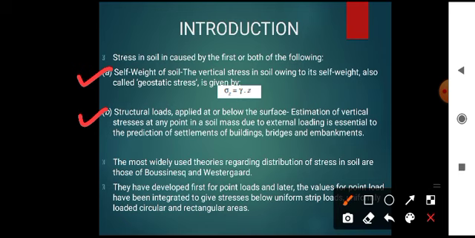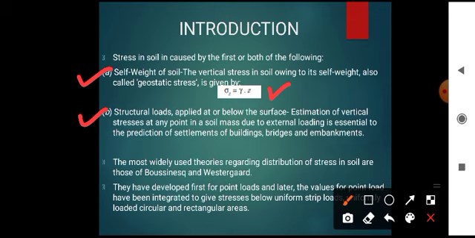When we take up the self weight of the soil, the stress caused by it can be calculated using this equation: sigma z, where z is the depth at which we are considering the stress. The magnitude of the vertical stress, sigma z, is equal to gamma times z.